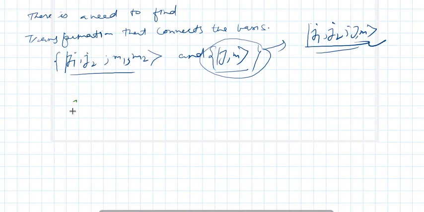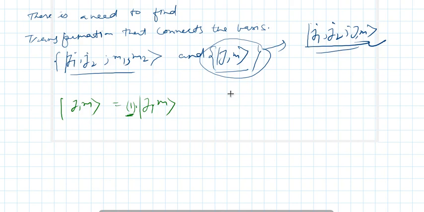Let us consider |j, m>, and this |j, m> is equal to |j, m>, and if I multiply by 1 with this, let me show how this helps us to connect the things.